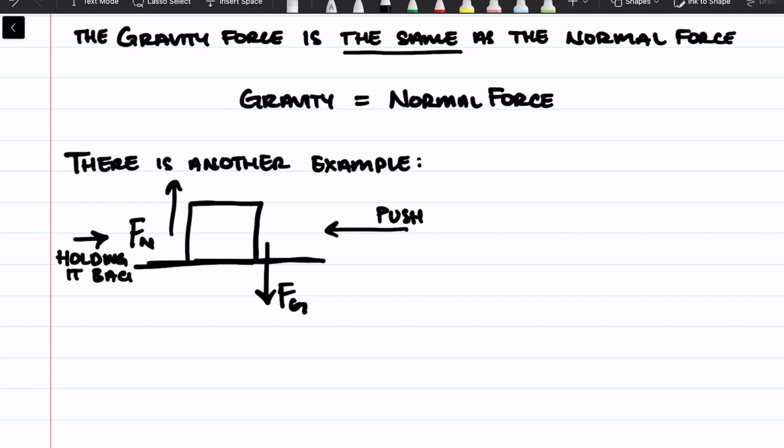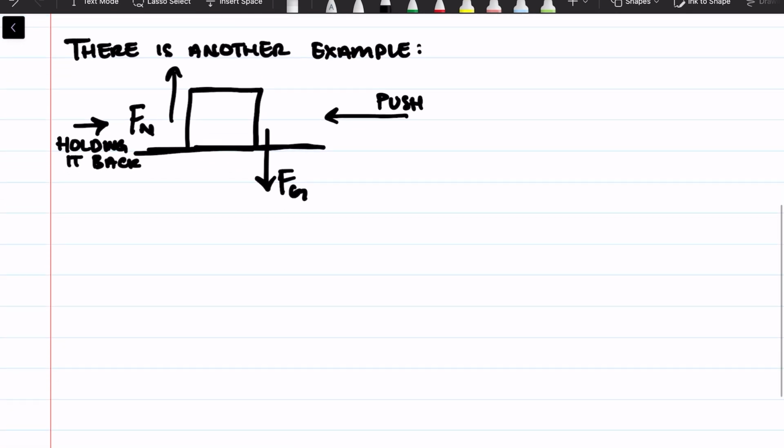But now the way that you know that this is balanced is because it's not moving. And if it is not moving, then you know that in this case, the gravity is equal to the normal force. So that's something that we already figured out there.